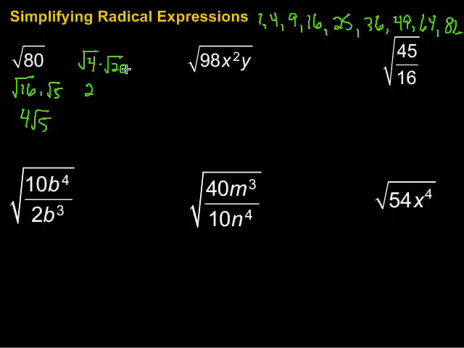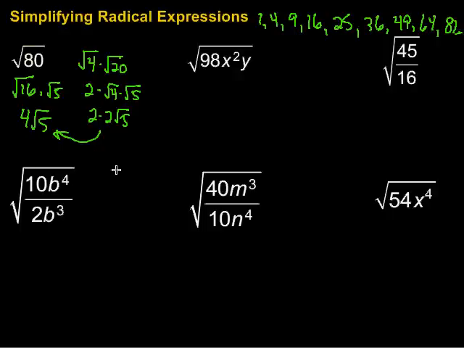Yes, there are. 4 is a factor of 20, so we need to break that square root of 20 up into the square root of 4 times the square root of 5. Then we take that square root of 4, which is 2, so we have 2 times the square root of 5, which simplifies to that right there. Okay, so we get there, but we can get it done in less steps if we look for that largest perfect square factor as we begin to break things up.